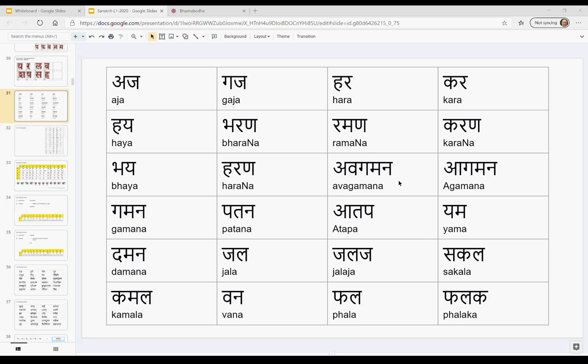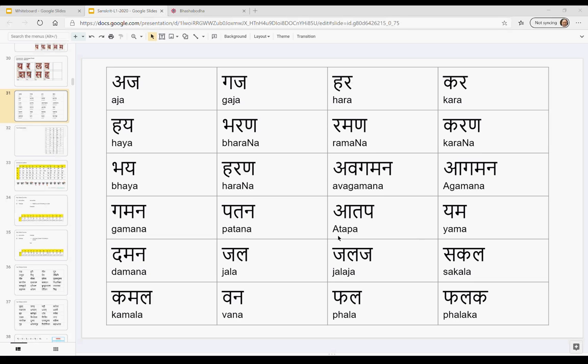So romanizing, we are actually representing the sounds here. Each letter is a sound. So there are three sounds in this word.